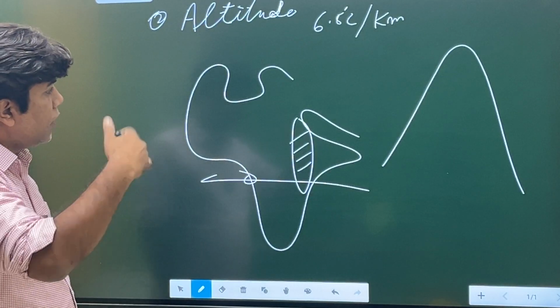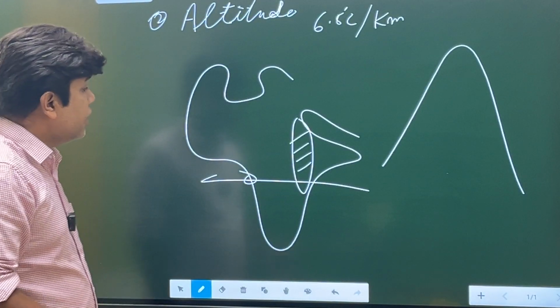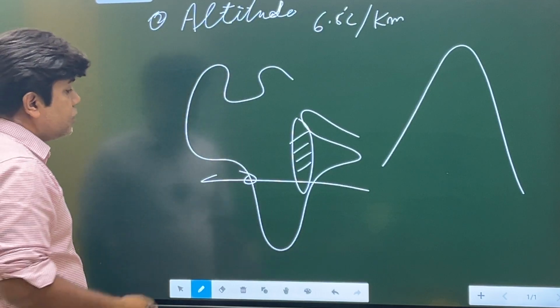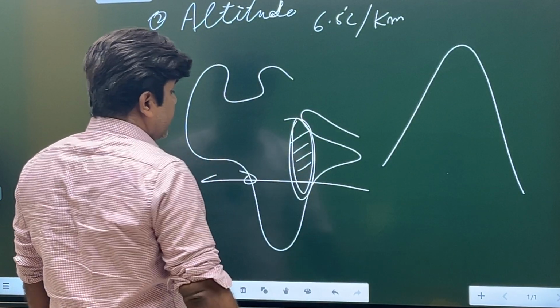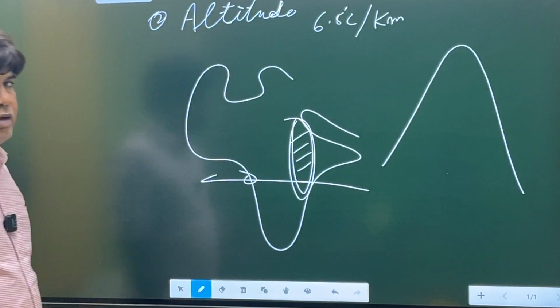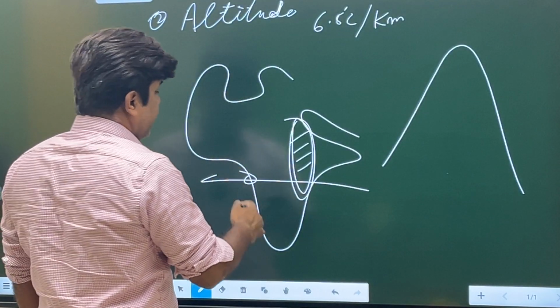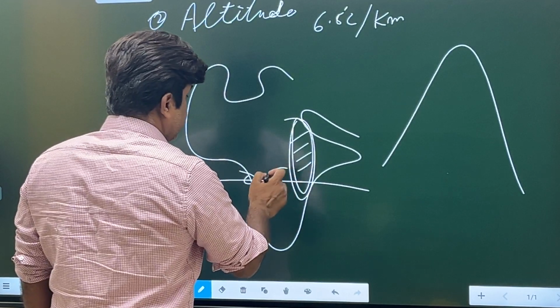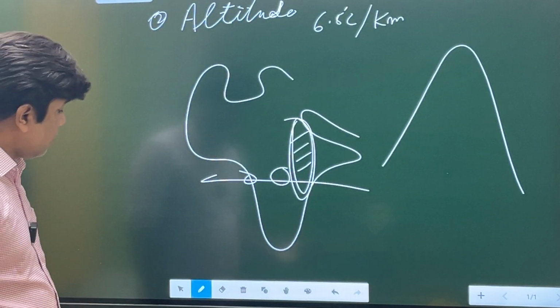That is the reason why, despite being located at the equator, these areas have lower temperature compared to the low-lying areas adjacent to these highlands. So altitude also determines the temperature.